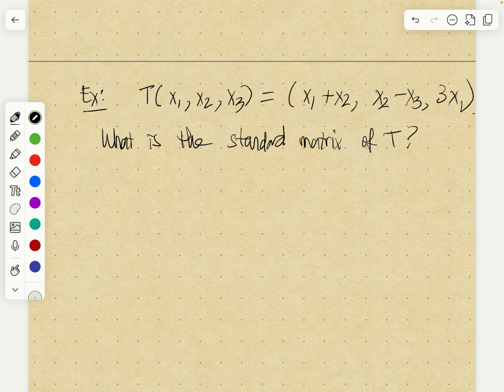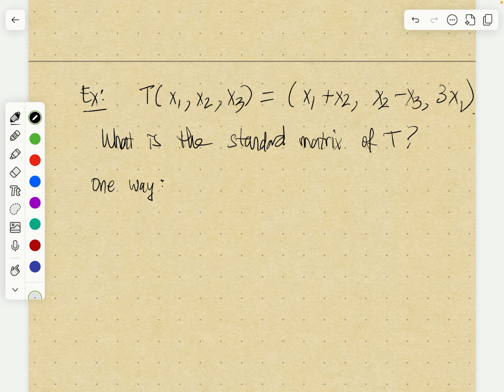So we need to figure out what matrix times x1, x2, x3 will give you this output x1 plus x2, x2 minus x3, 3x1. So let me show you two ways of finding the standard matrix.